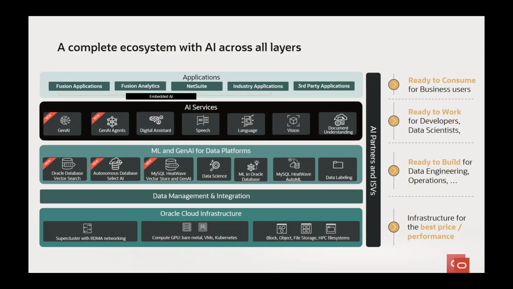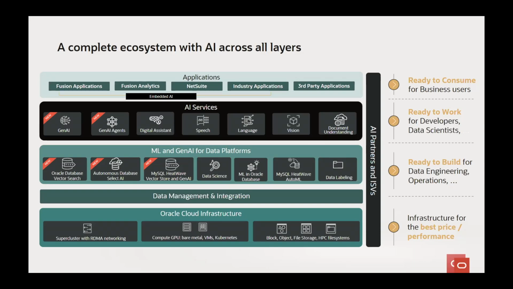And with all the services, you don't need to build any models, you don't need to build any machine learning over there. These are services pre-built and available for you. And we'll focus today on document understanding. Then at the next layer, if you want AI at the data layer, you need data science, or we are adding it within our database layer.